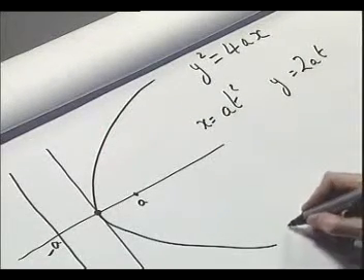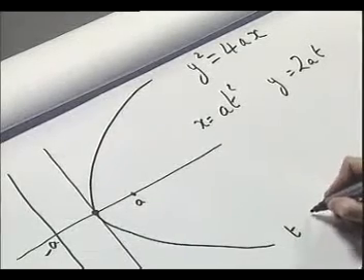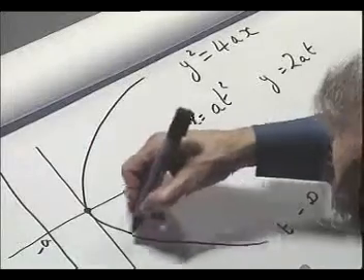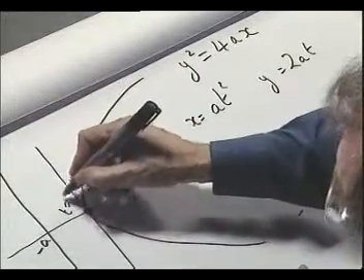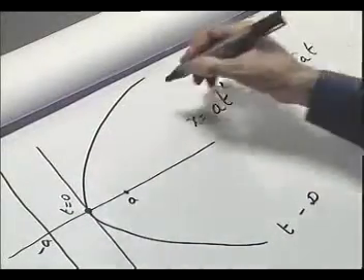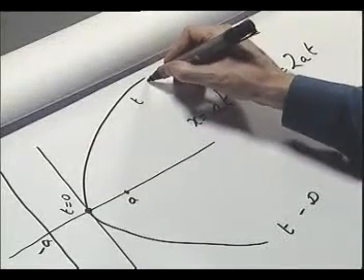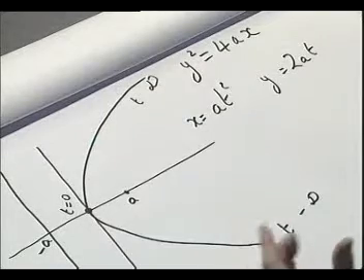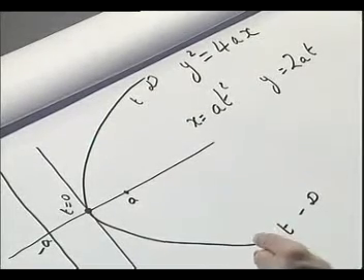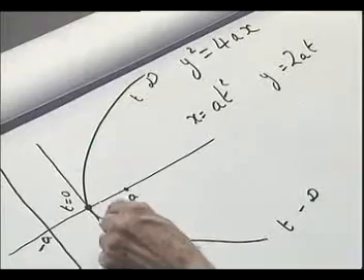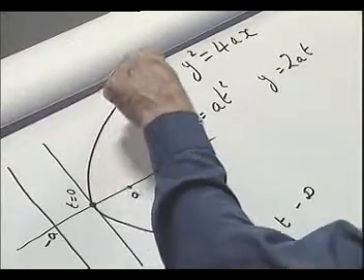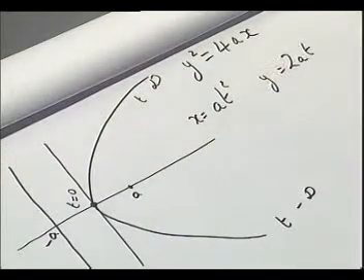If you like, t down here is minus infinity, going round to t equals 0 here at the origin, coming round to t is plus infinity there. So t is a parameter, and in a sense, it counts us around the curve. As t increases from minus infinity to plus infinity, we move around the curve.